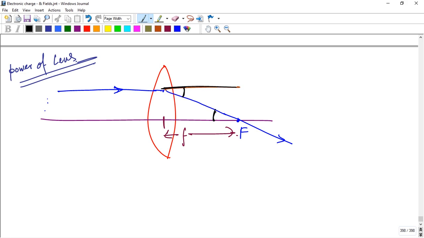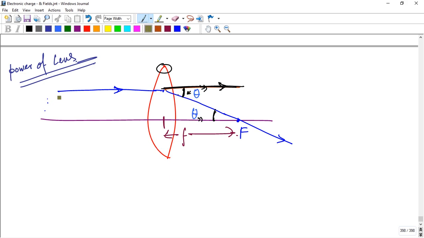If there were no lens here, the same medium, the incident ray would fall in a straight line, and these rays are parallel to the principal axis, so these two are alternate angles. If I say this value is theta, then this angle is also theta.